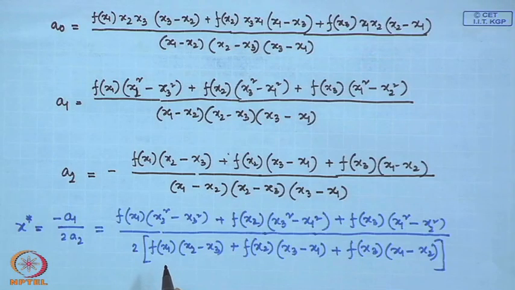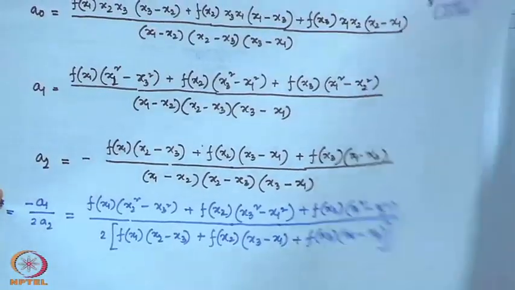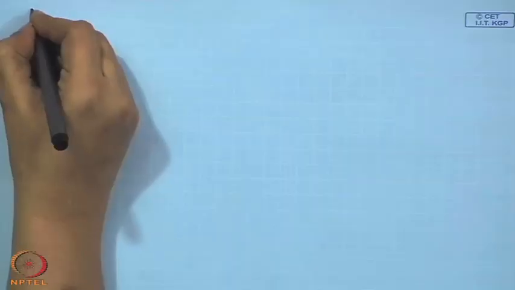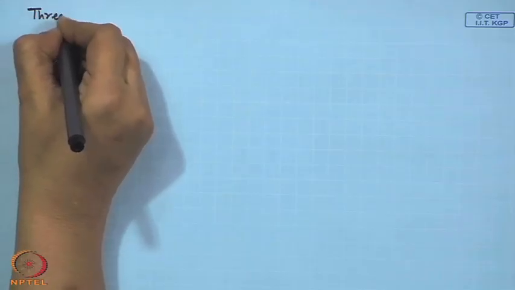And we will check in the next step whether x star is the optimal value or not. If it is optimal, we will declare this is the approximate optimal value of f(x). If it is not so, then we have to proceed further. That is why let me write down the algorithm for the quadratic interpolation method when 3 points are given to us.